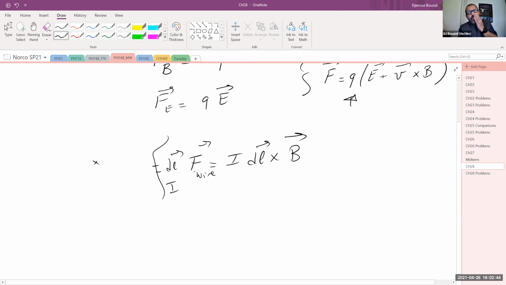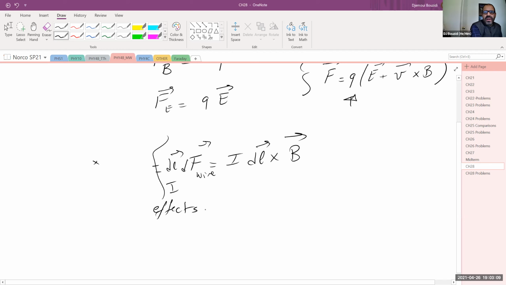In general, this is dF, so this is a force on this element only, not on the entire wire. So this is in a nutshell what chapter 27 was: the effects of the magnetic field on point charges and wires. Those are the two things.